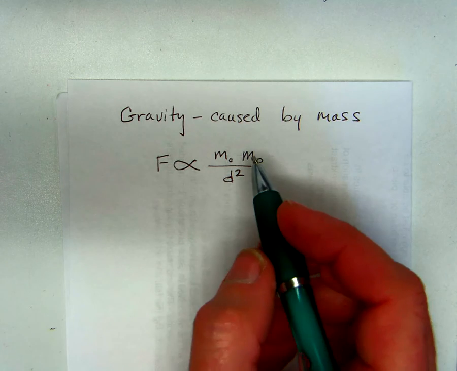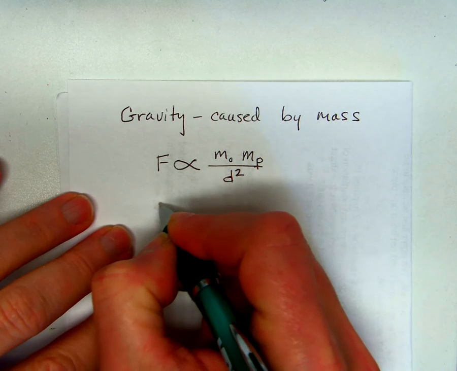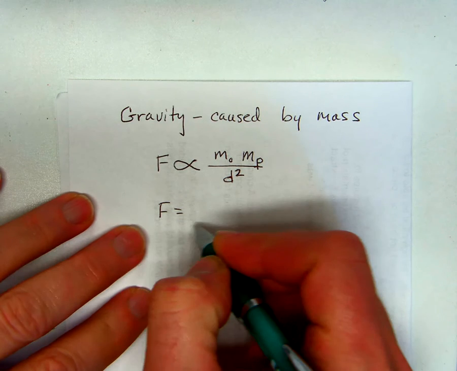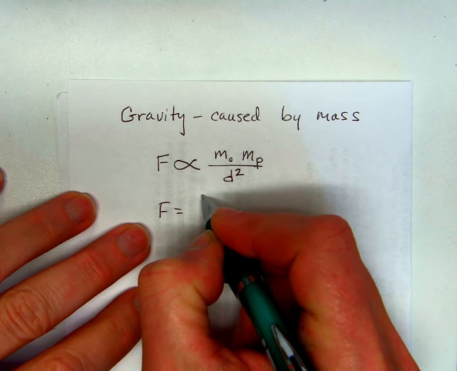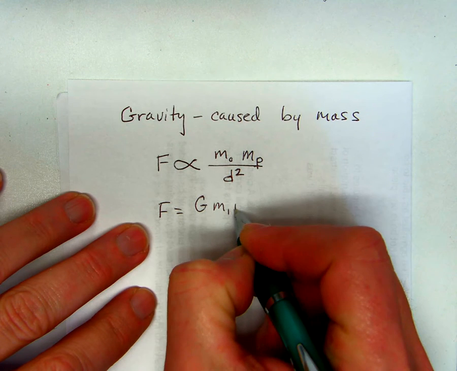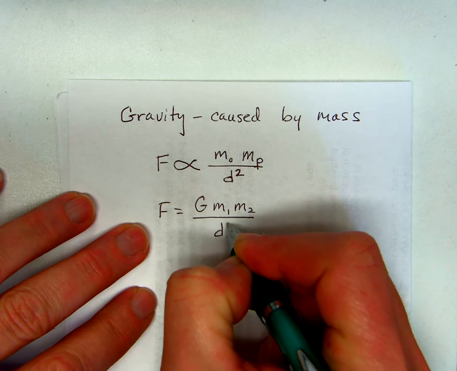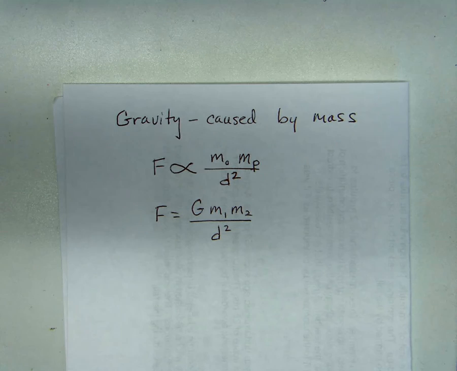But he wanted to write it as an equation, and so the way it is written is F equals G, mass 1, mass 2, divided by d squared. G is just a constant. And Isaac Newton had no idea what the constant was.